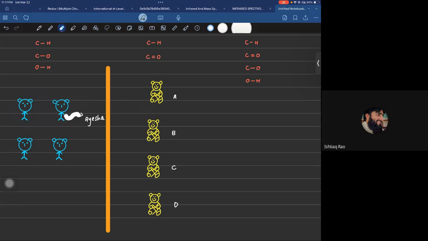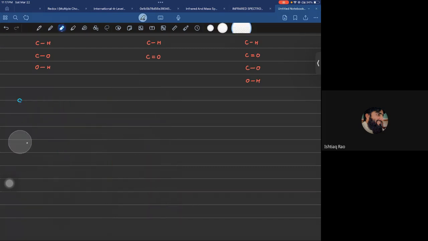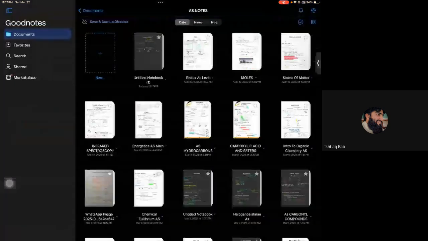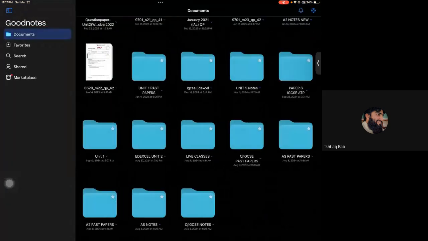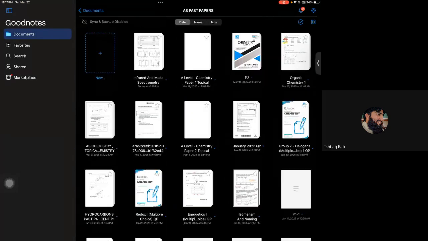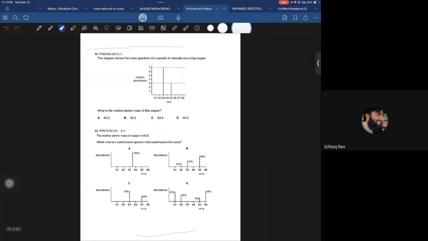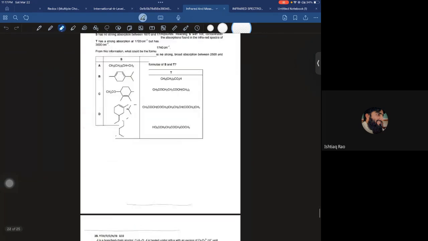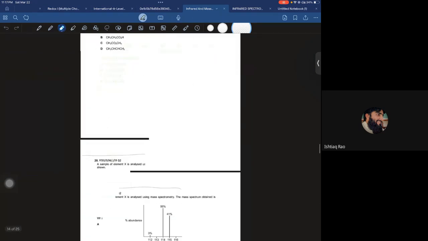Okay, let me tell you in detail what's happening in this technique. Examiner would be giving you this table. This is a very important table that you will see in your exam.